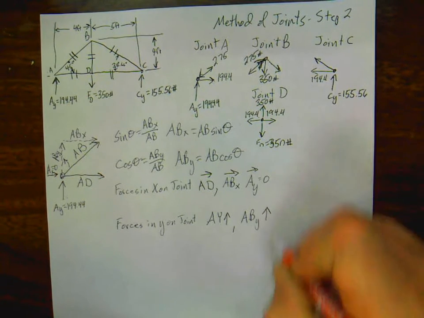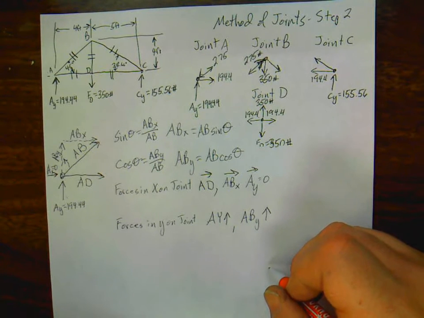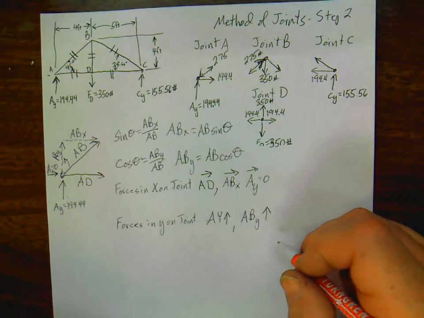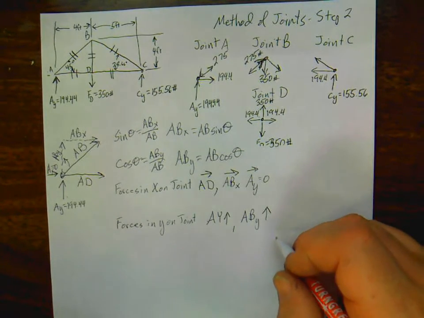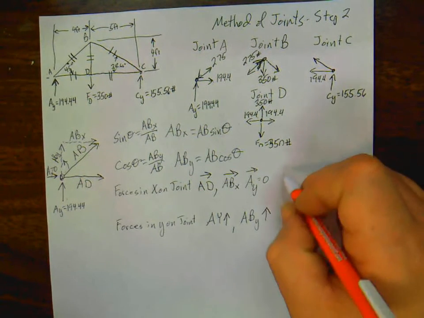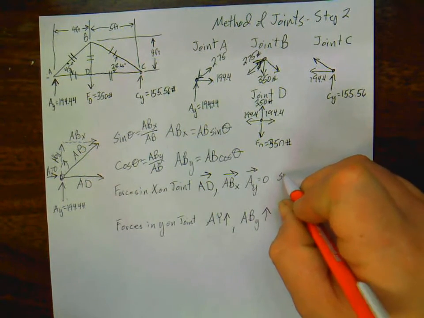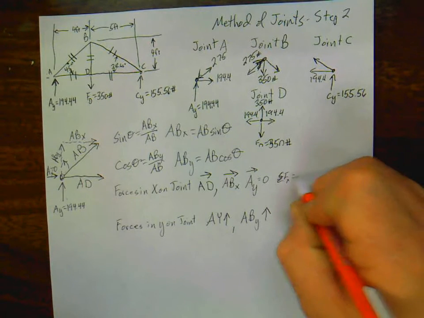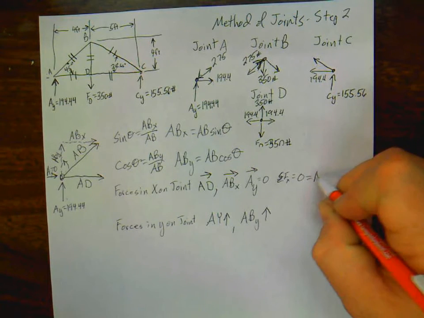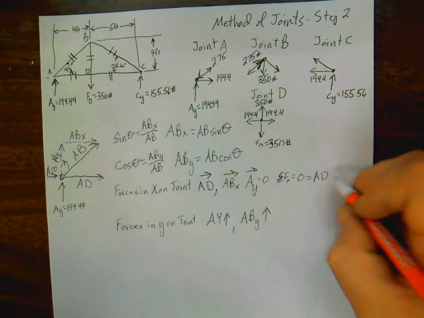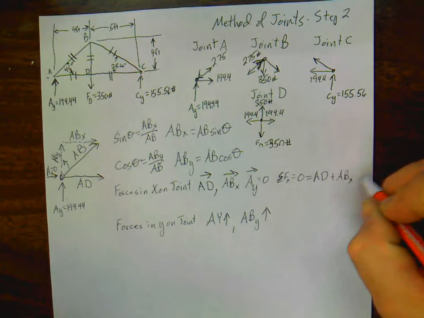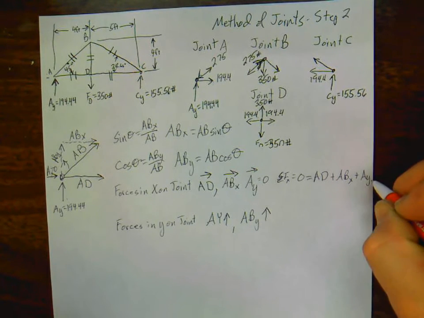Alright, so at this point you can decide which one you want to solve for. When we go back here to our statics, the sum of the forces in the X is going to equal 0, which will equal AD plus ABX plus AX.